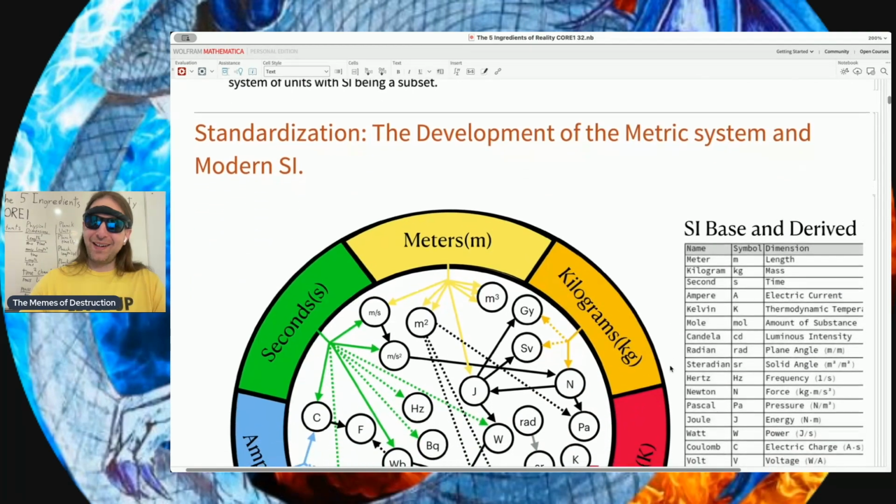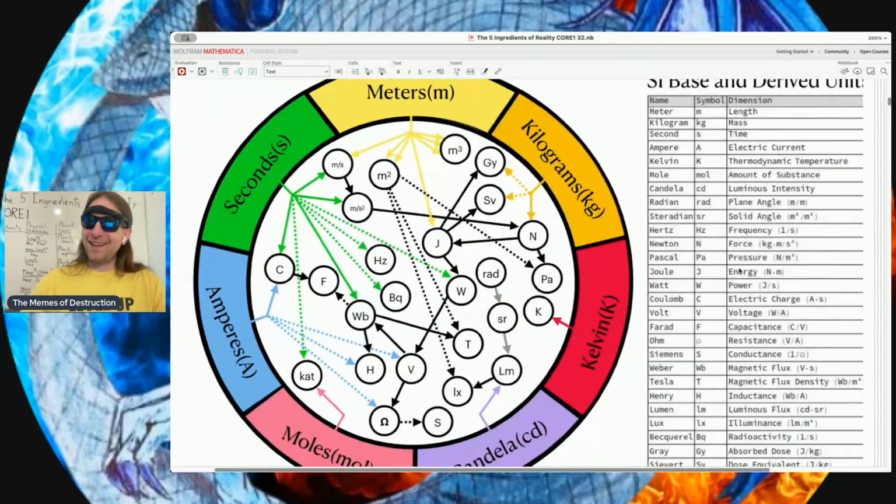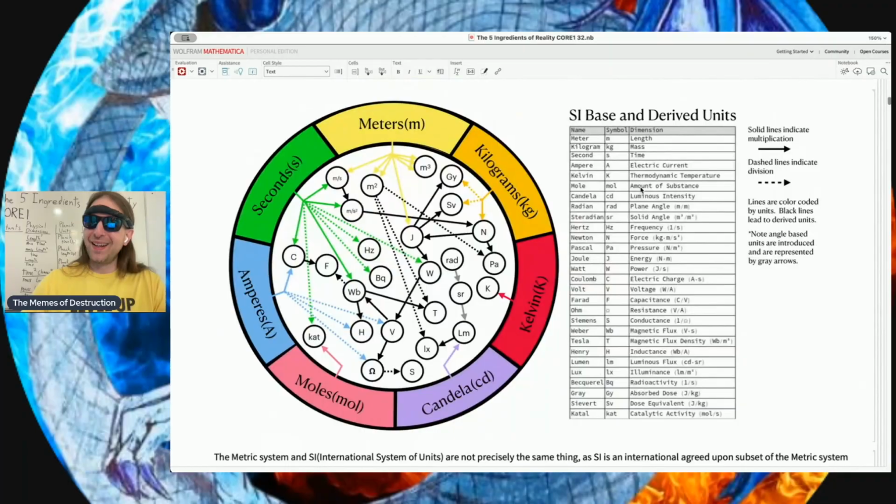So as we can see here from the little fancy diagram we made, let's make this a little bit smaller. Okay. So as we can see here, we have the 7 base SI units: seconds, meters, kilograms, Kelvin, candela, moles, and amperes.